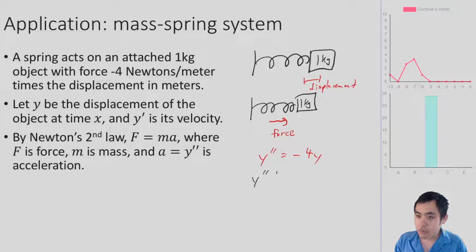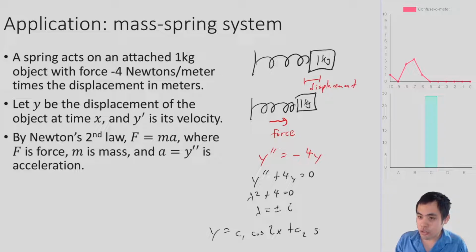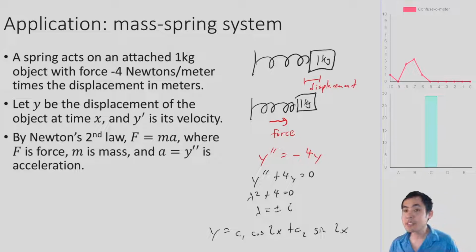So y double prime plus 4y is equal to 0. That means lambda squared plus 4 is equal to 0, so lambda is equal to plus or minus 2i, and therefore y is equal to c1 cosine 2x plus c2 sine 2x. Obviously this is the general solution.